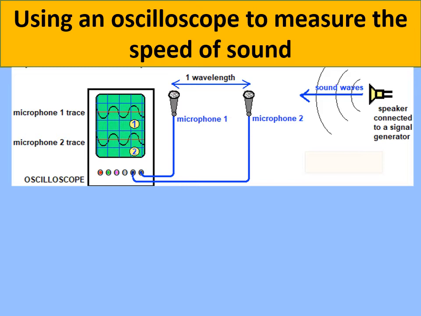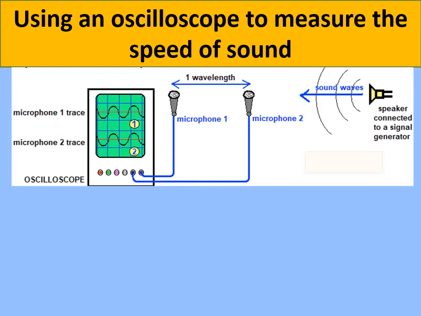You select a specific frequency, let's say about 250 hertz, on your signal generator, and the two microphones are connected to an oscilloscope, as you can see in the diagram, which picks up the sound from the speaker, which is converted to an electrical signal by the microphone and displayed as a trace on the cathode ray oscilloscope screen, as you can see there.